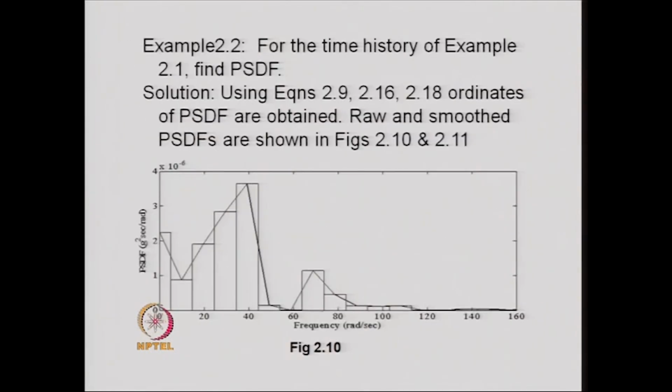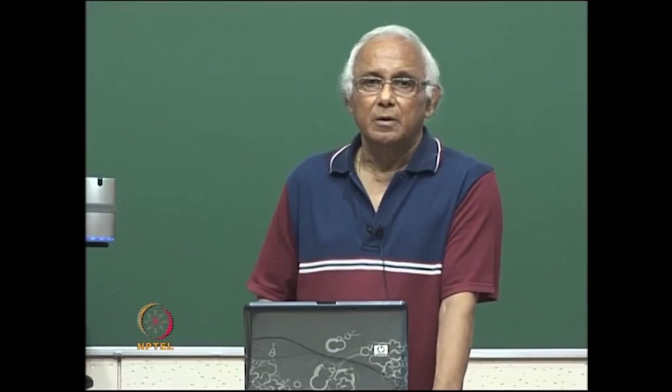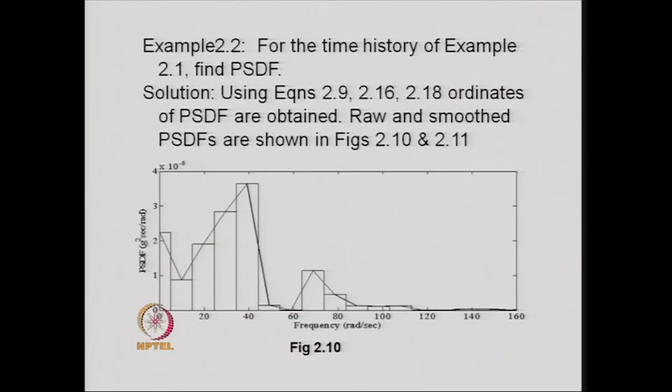We will then solve an example to show how we can obtain the power spectral density function from the time history of a ground motion.